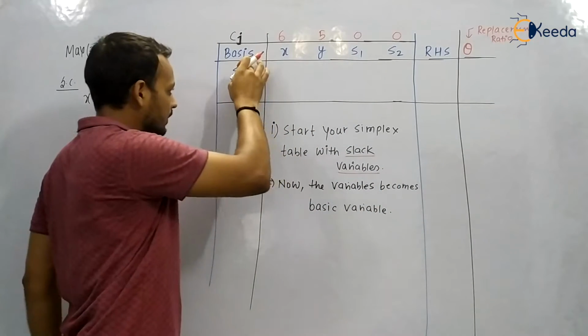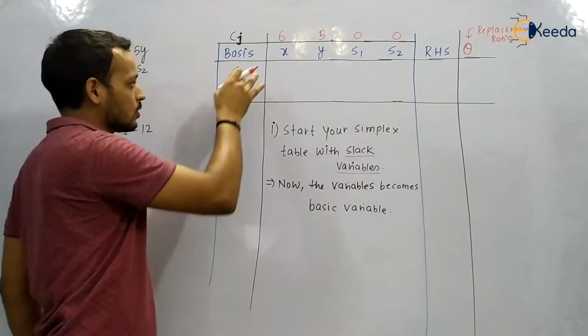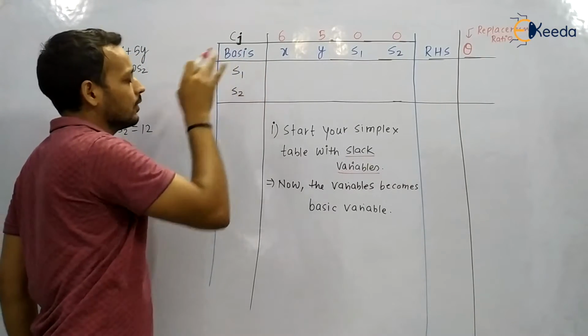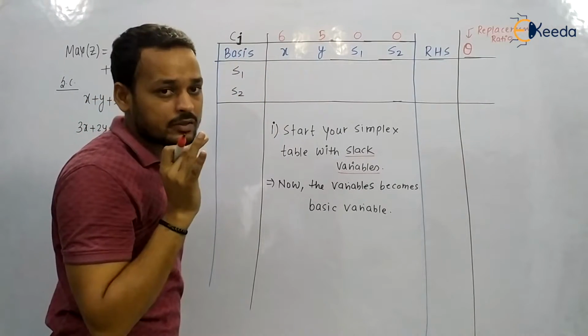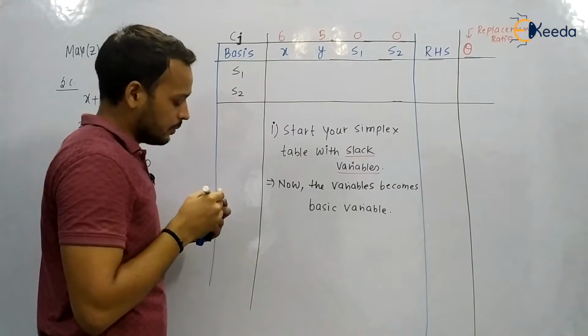And since you have written the slack variables in this row in the column of basis, these are going to behave as basic variables.